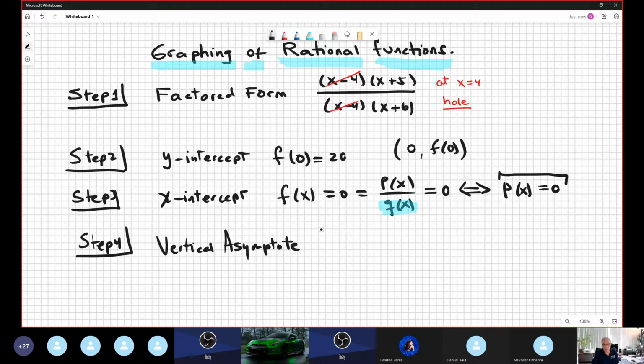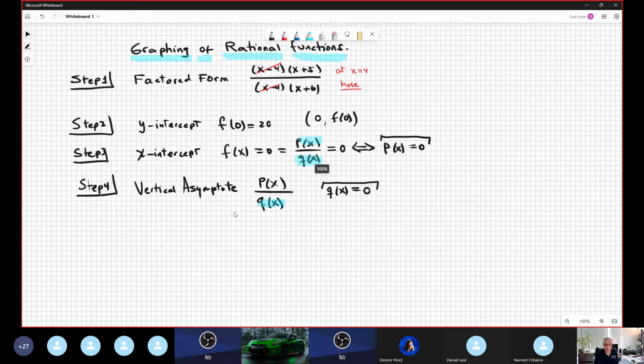After the simplification of the holes, you take the polynomial in the bottom. It's completely opposite to the previous idea: not the top, the bottom, and you enforce it to be equal to 0. You solve this equation, and the solution of this equation represents the vertical asymptote.